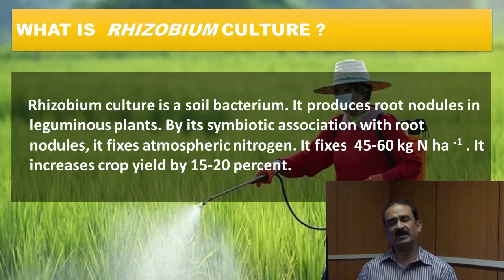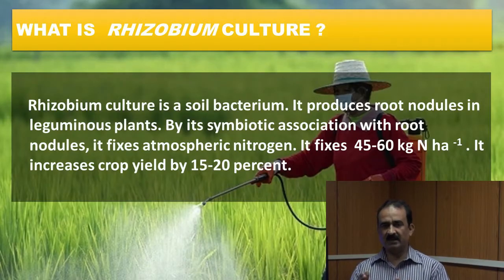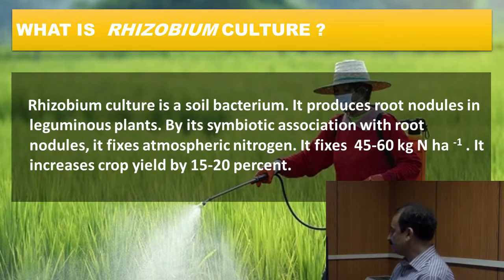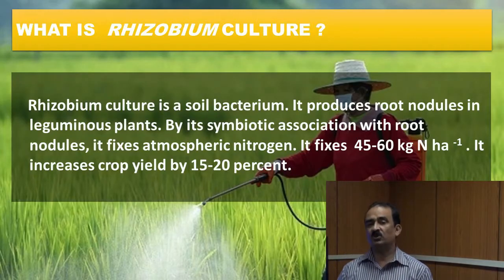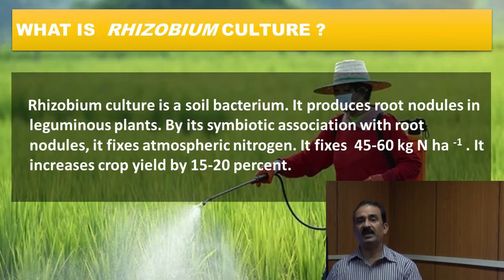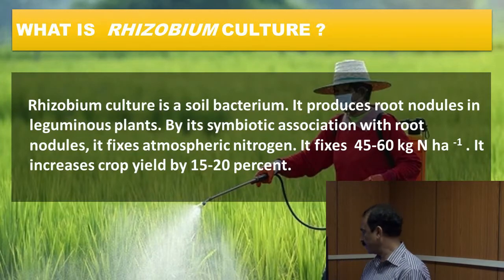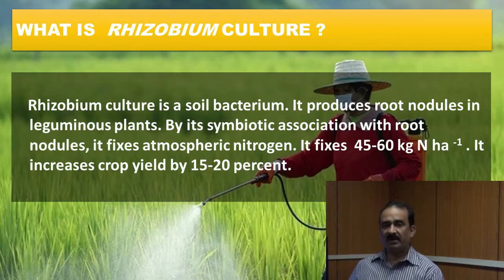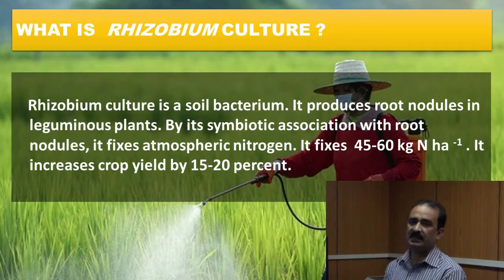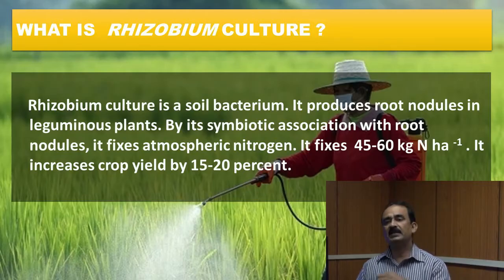So in practice, 40-45% is a very good example of the average fixation in the farmer's field, but in the literature it fixes about 45 kg per hectare to 350 kg per hectare by some leguminous plants like alfalfa and others. So it increases crop yield by 15 to 20% by the use of this rhizobium culture, even in the pulses, even in the oilseed crop, even in the cereals.